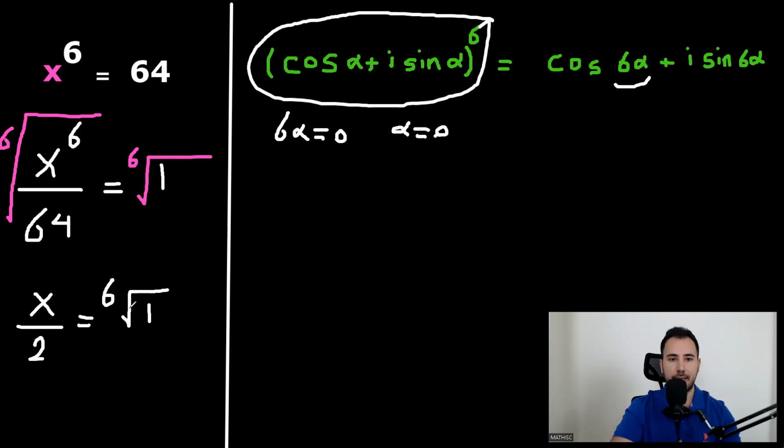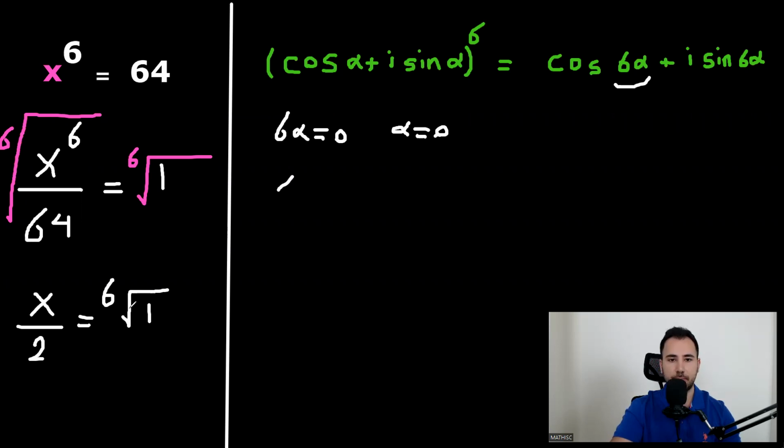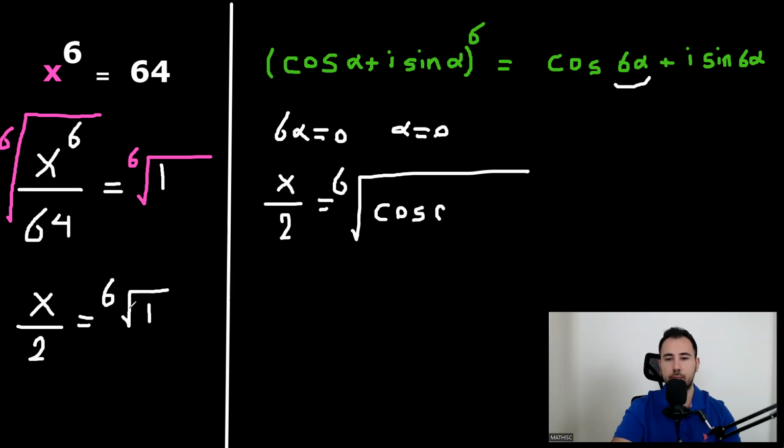So I'm going to write x over 2 would be the 6th root of cosine 0 plus i sine 0. Okay, so all of this would be 0. All of this would be 1.